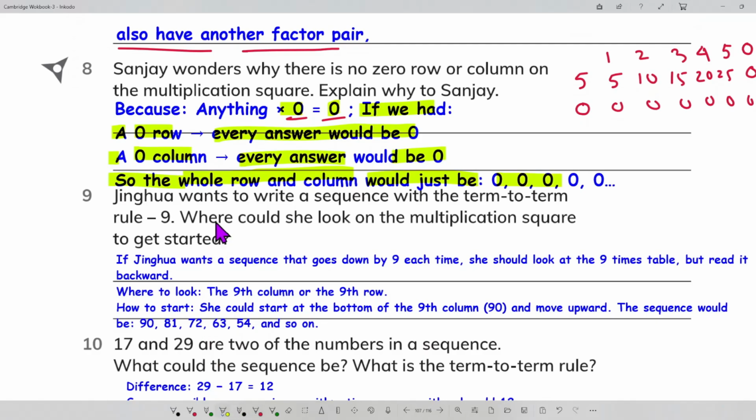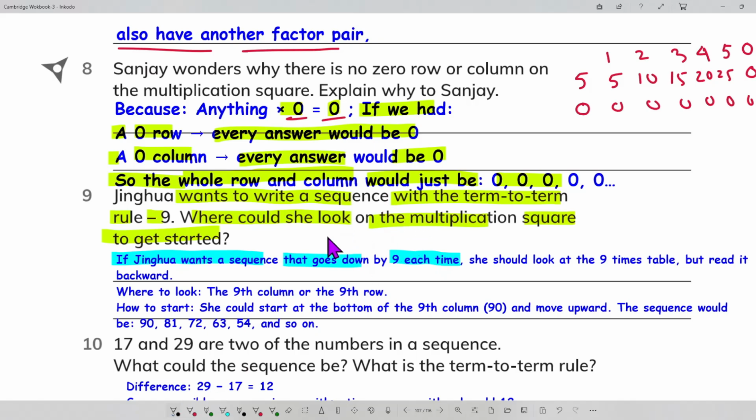Jingua wants to write a sequence with the term to term rule -9. Where could she look on the multiplication square to get started? Look, Jingua wants a sequence that goes down by 9 each time.